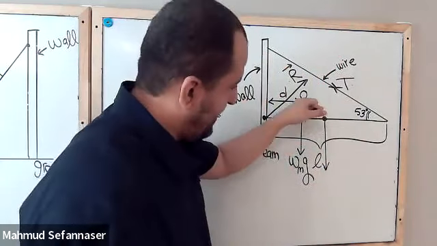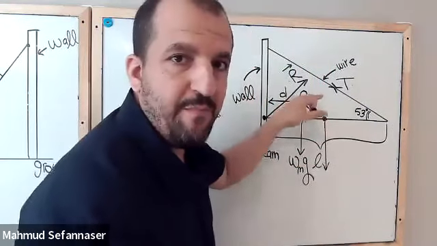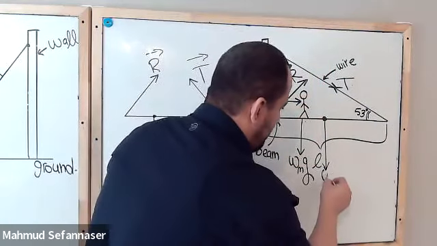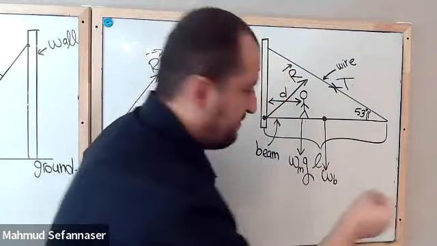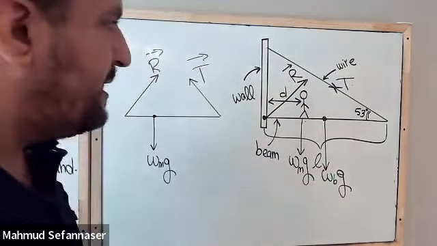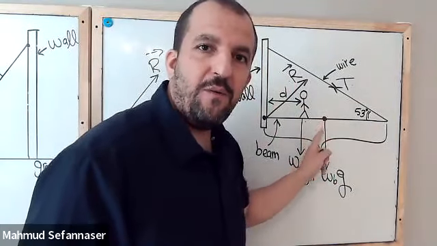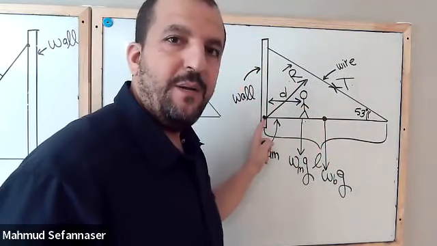So the weight of the beam goes down exactly from the center of mass of the beam. So maybe here we have W beam times gravity. Okay, so that's very nice. And it has distance L over 2 from this point.